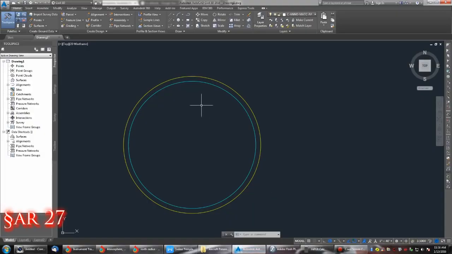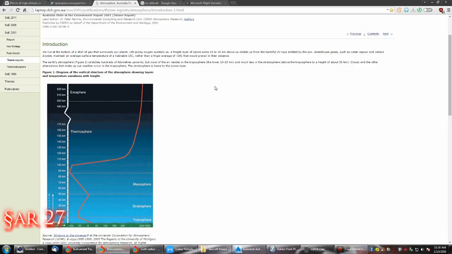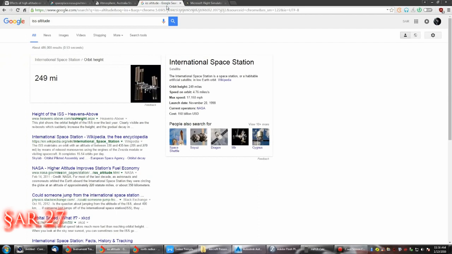Now, another thing that I want to take into account is another aircraft vessel that is up there, the International Space Station. We can put this in there too to get an idea of how high that is up there.